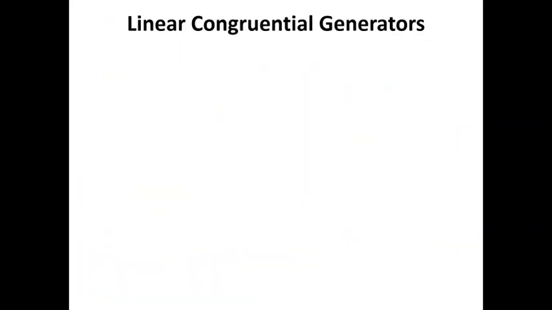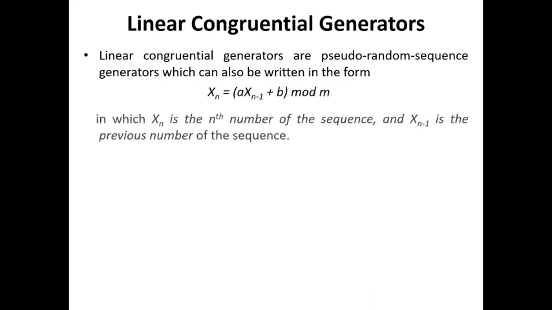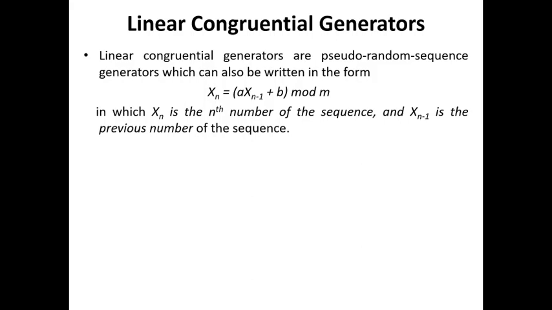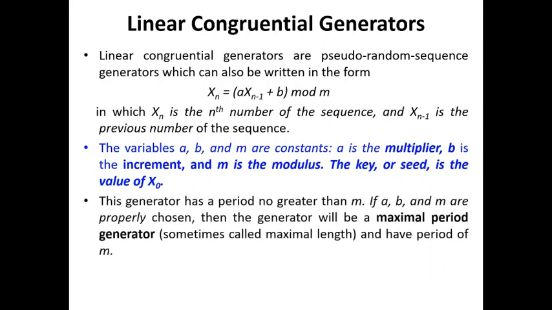Please remember that. So continuing, as I told you, LCGs are pseudo-random sequence generators, which can also be written like this. xn is the nth number in the sequence, xn minus 1 is the previous number, a is the multiplier, b is the increment, m is the modulus, x naught is the key or seed value. Now, the generator has a period which cannot be greater than m.